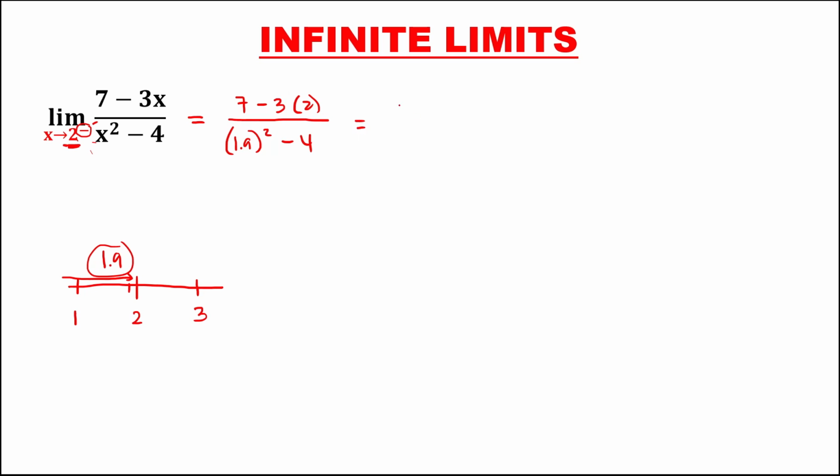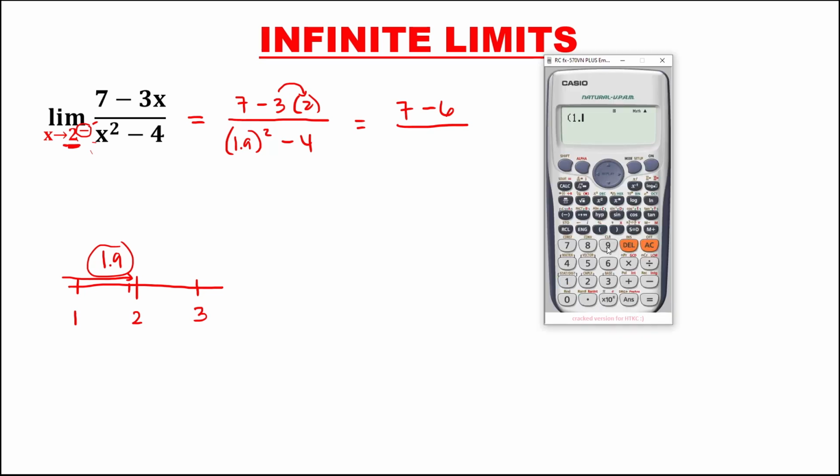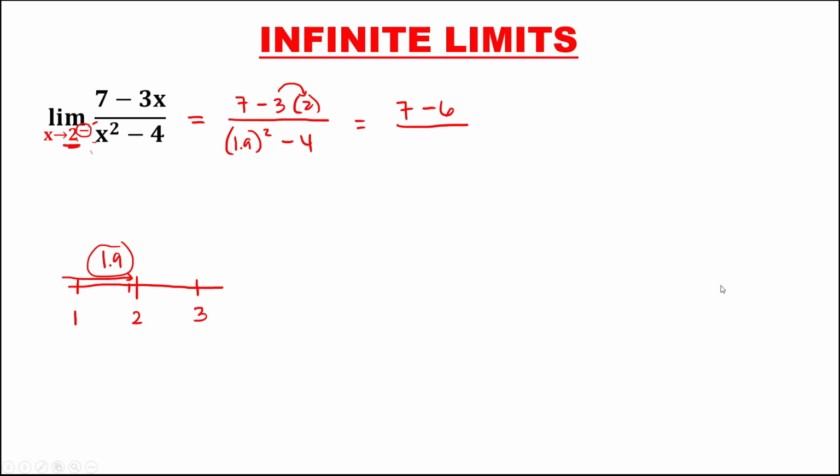Then to simplify, this one is 7 minus 3 times 2, that's 6, over 1.9 to the power 2 minus 4. 1.9 to the power 2 is 3.61, so this is 3.61 minus 4.